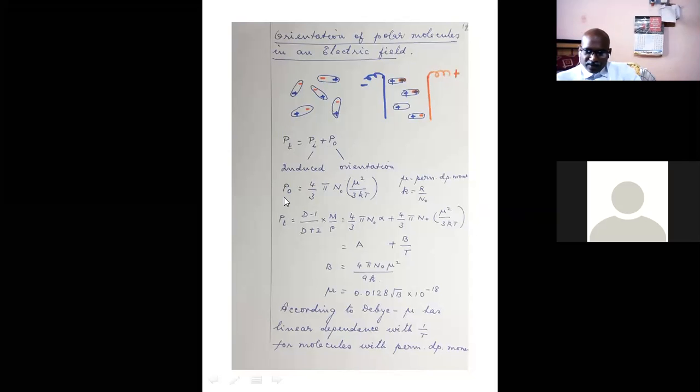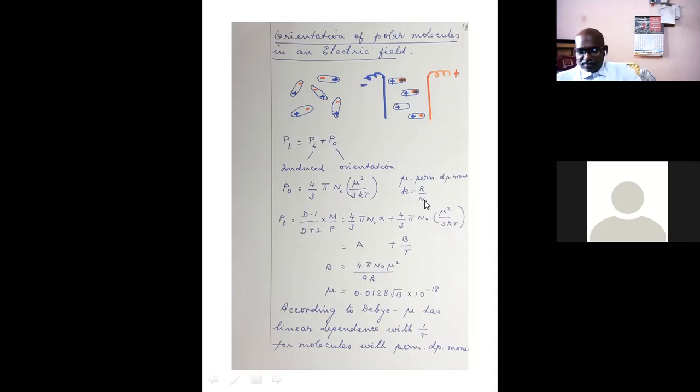So look here, the orientation polarization is 4 by 3 pi Avogadro number into mu square, that is the permanent dipole moment square, divided by 3kT, where mu is the permanent dipole moment and k is R by N0.